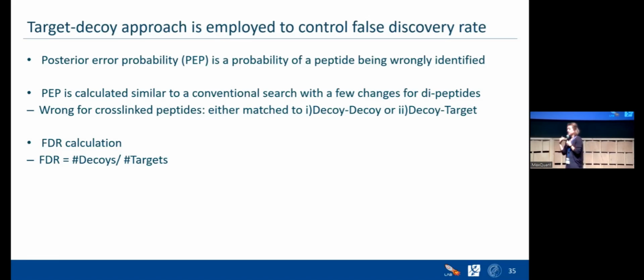I also take this into account, but I say all of them are decoy. Then we take the number of decoys divided by the number of targets and do our calculation. I do the FDR calculation for only single peptides, the monopeptides, and also only the crosslink peptides. So I don't mix these two different groups with each other.